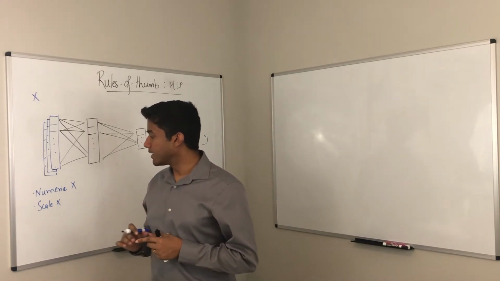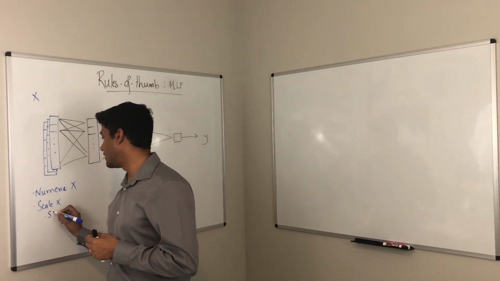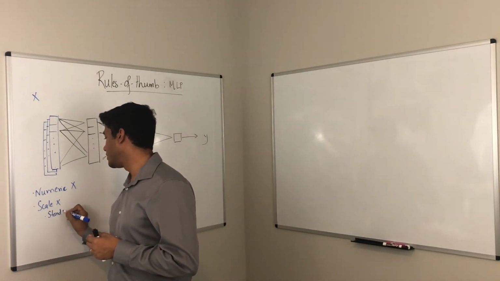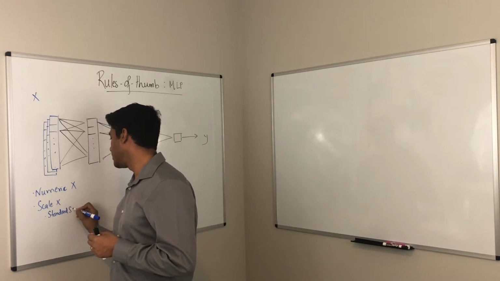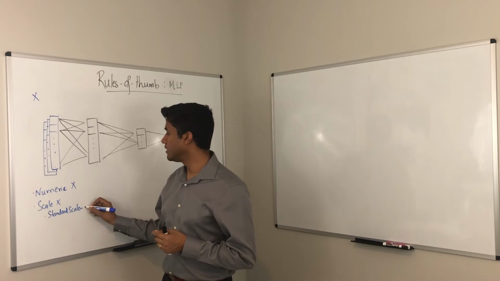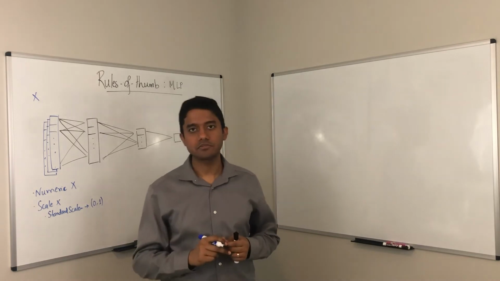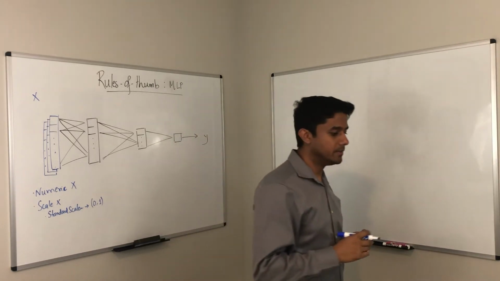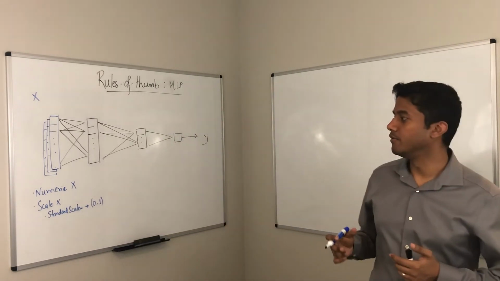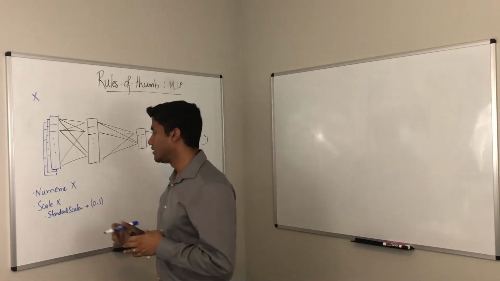When we are scaling X, two good choices are either use standard scaler, which scales the X into a 0, 1 distribution, meaning the mean will become 0 and variance becomes 1. It is like normalizing the data.